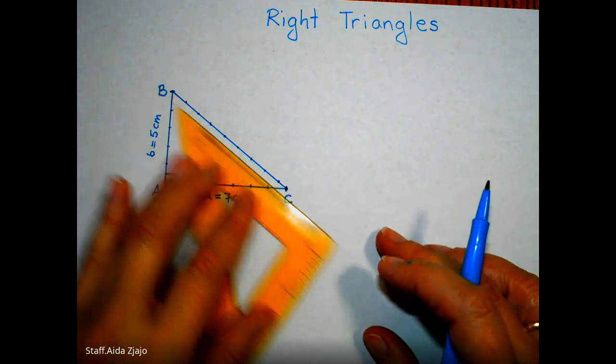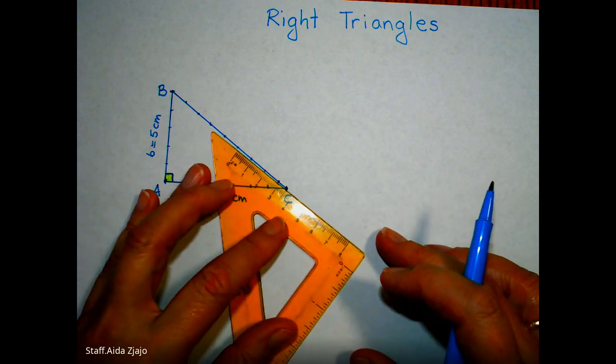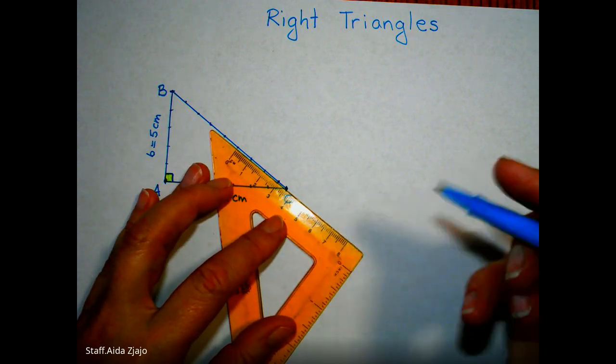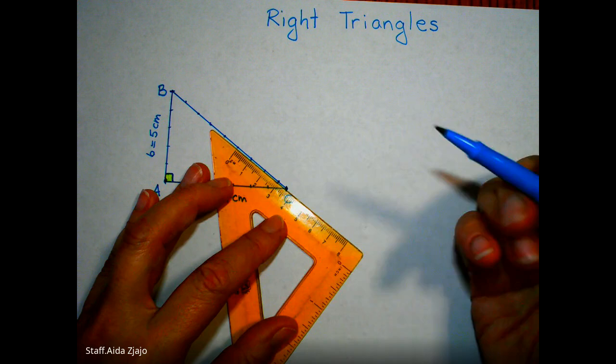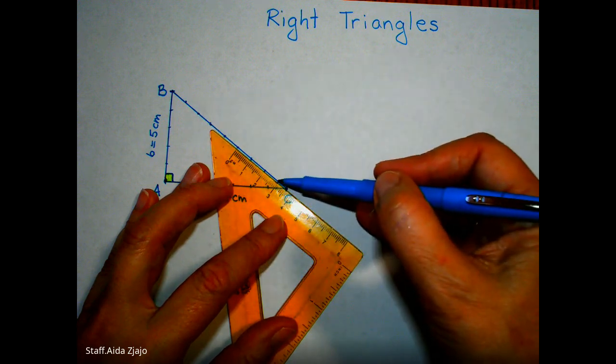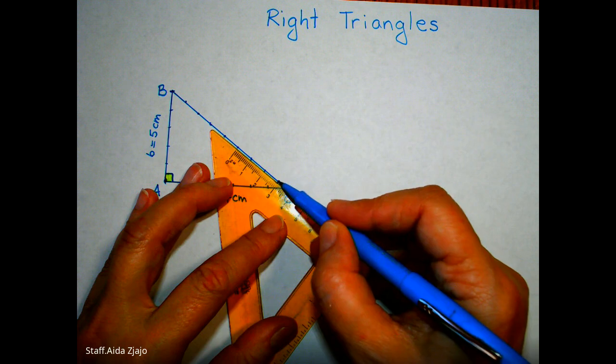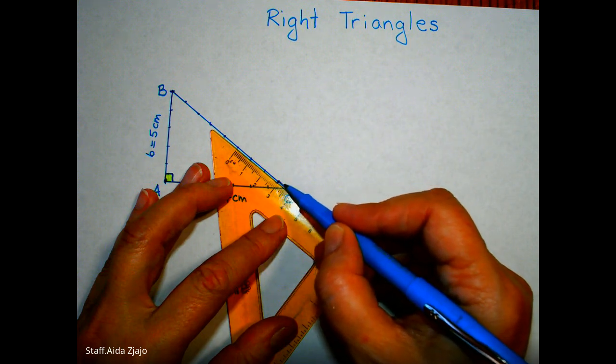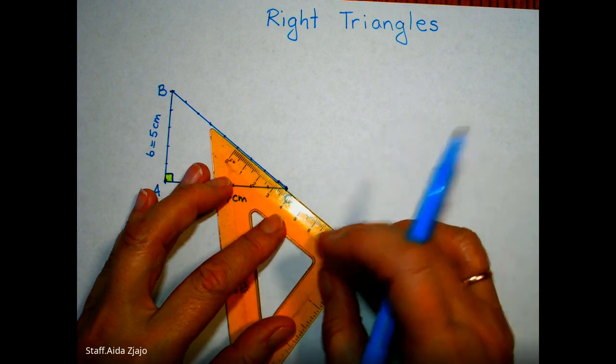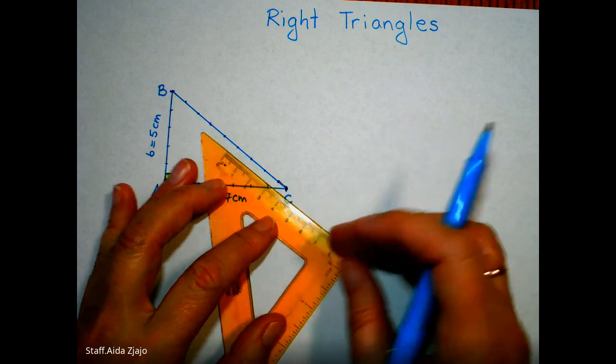But then I can extend from the whole centimeter and keep counting. I know there is 8 till here, and then I can see 1, 2, 3, 4, 5, 6. It looks like 7 millimeters.